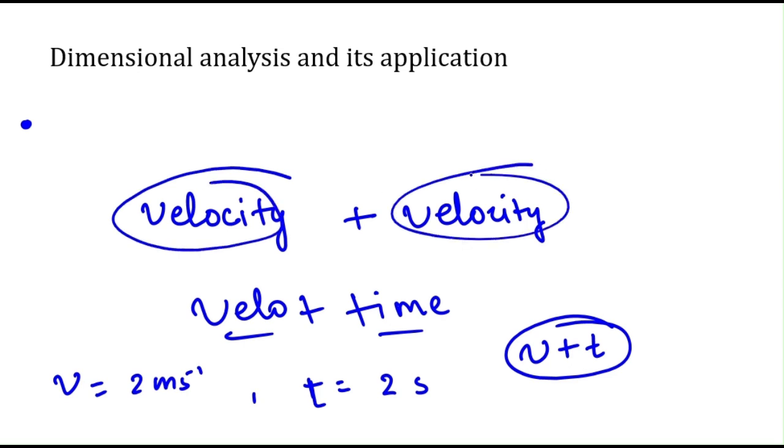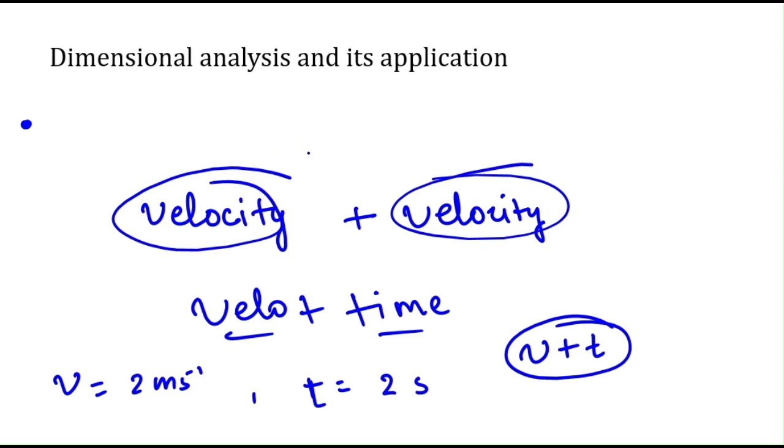Velocity can be added with velocity, or if you are taking magnitude only, then it can be added to speed also, because velocity or speed both have the same magnitudes. The only thing we have to be careful about is that velocity has direction associated with it, so we have to go for vector addition or subtraction rules.